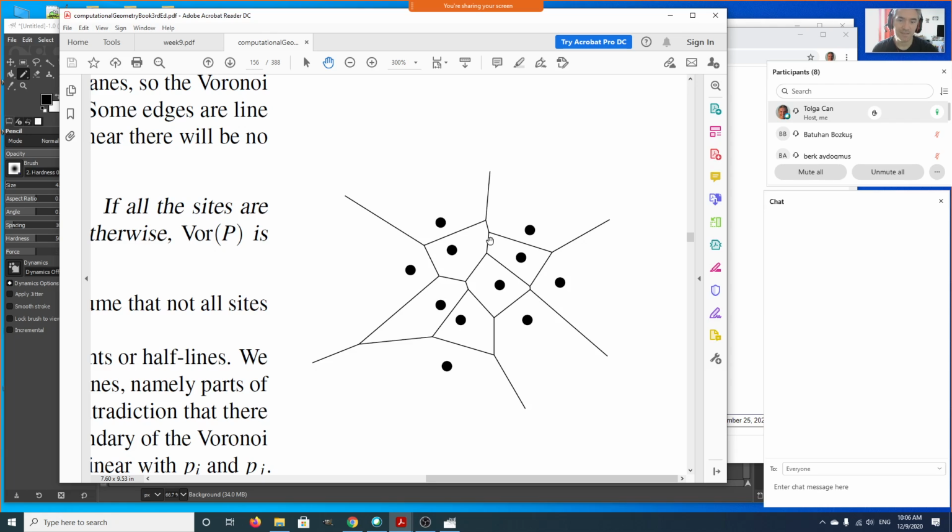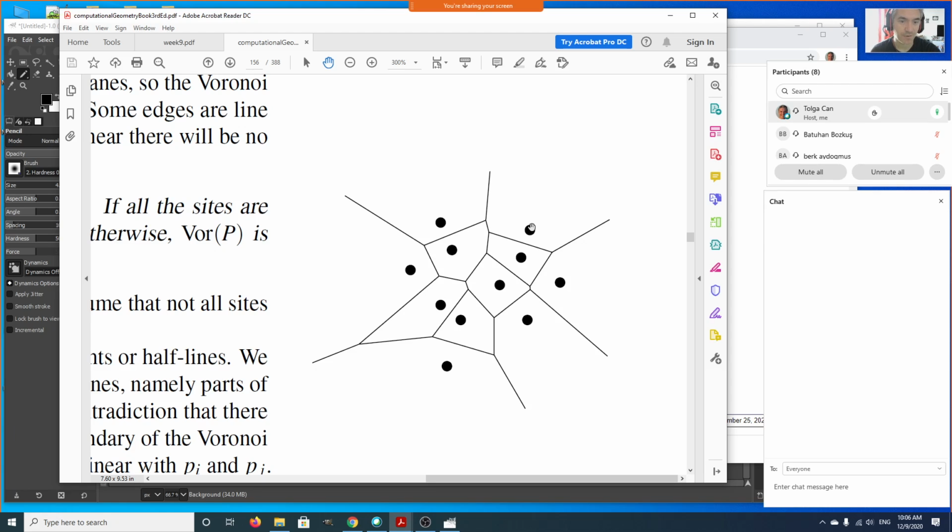Here, if you look at the doubly connected edge list that determines the subdivision, it has vertices, edges, and faces. The points themselves, they do not appear in the doubly connected edge list directly. Maybe they can appear as an attribute of a face. For example, for a face, we can have an attribute saying that this is the site of that Voronoi cell.